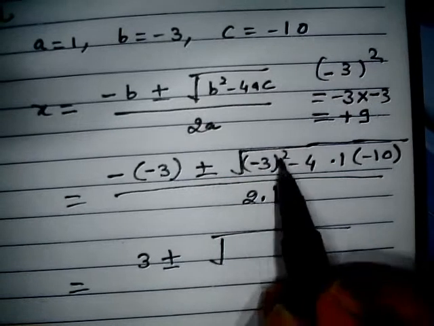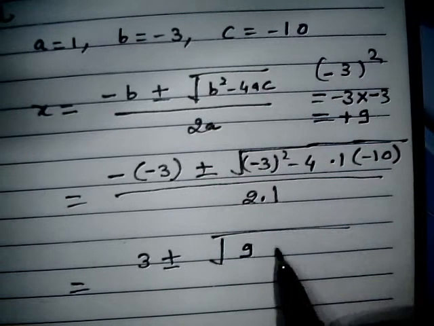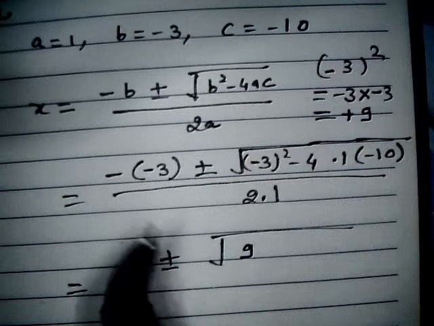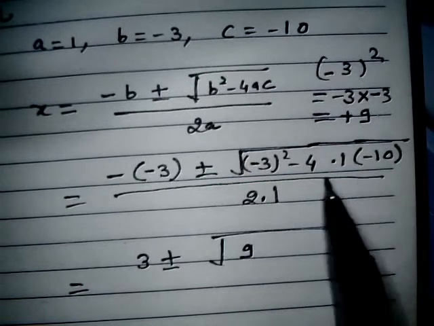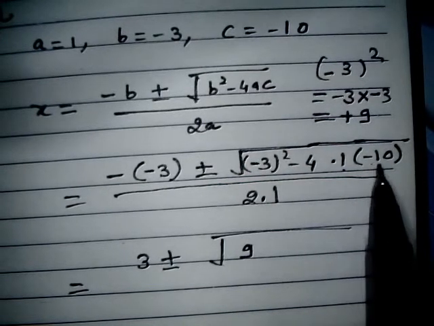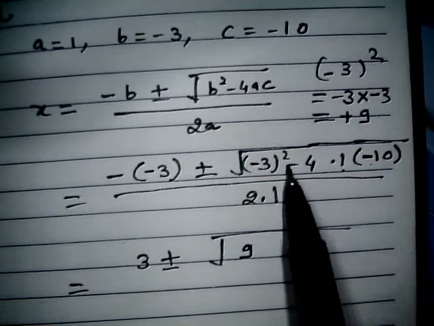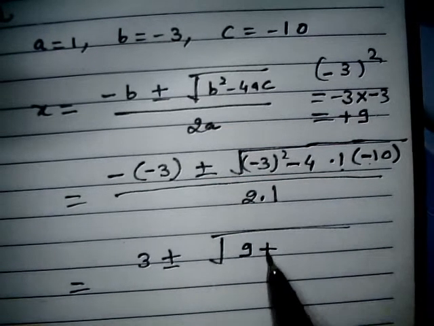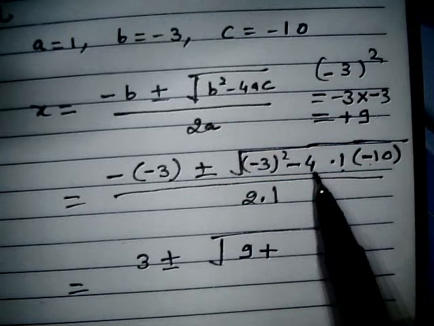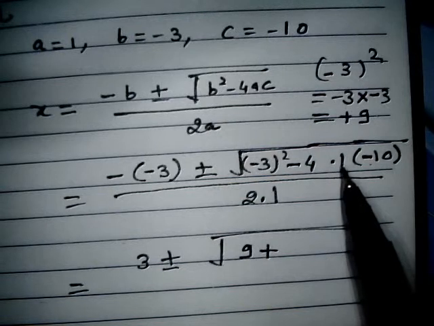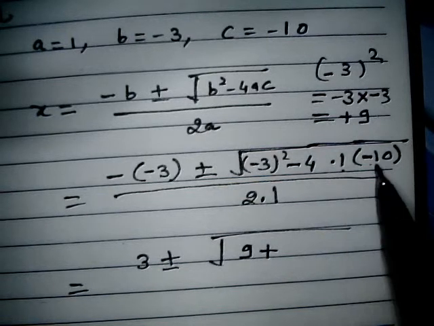Now here you can see 4 times 1 times negative 10, so this negative and this negative will become positive. Now I need to multiply: 4 times 1 is 4, and then 4 multiplied by 10 is 40, upon 2.